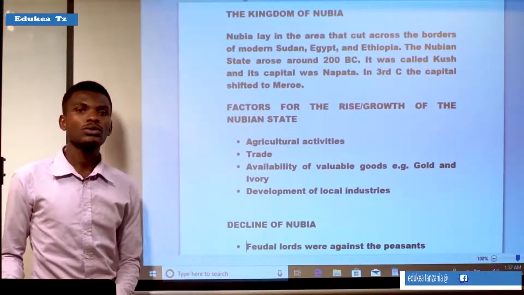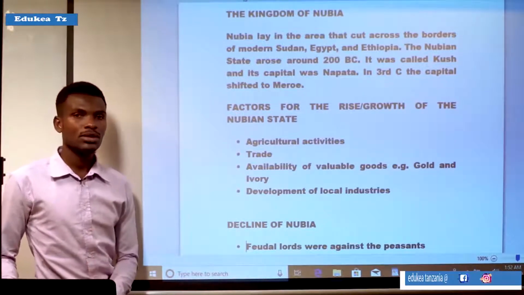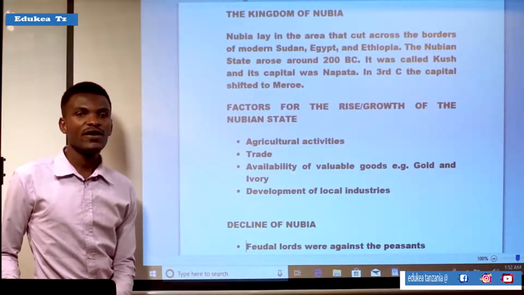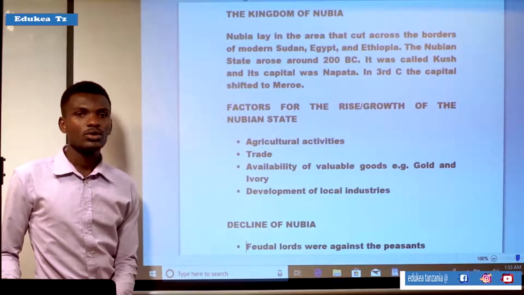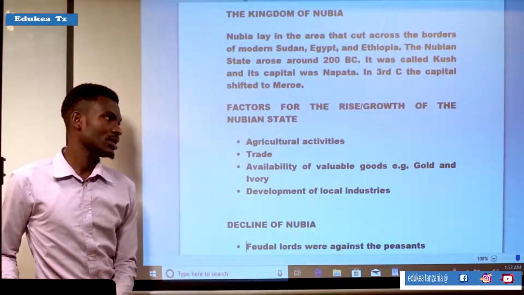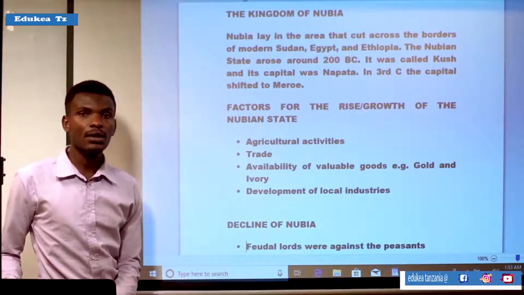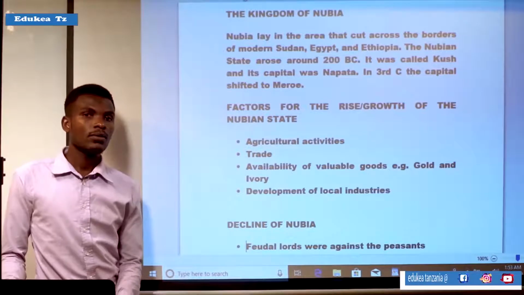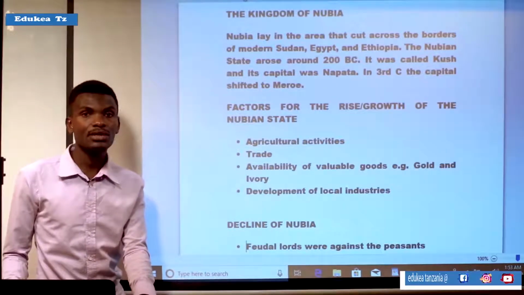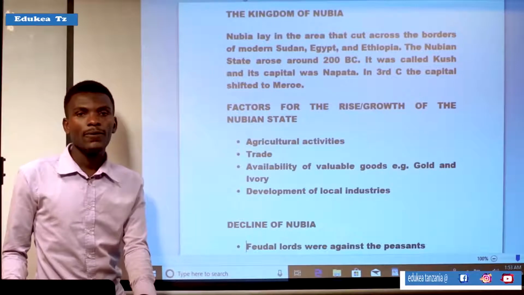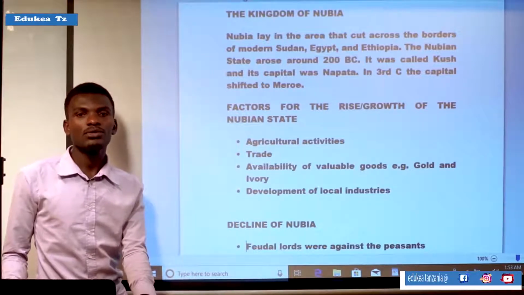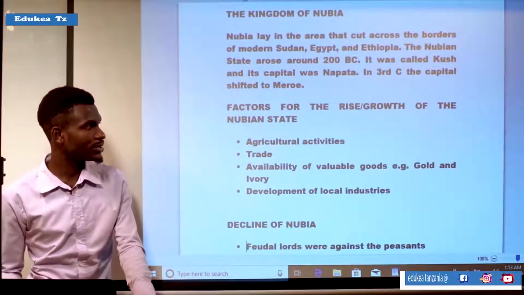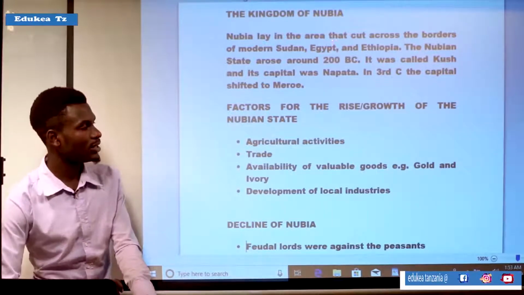It means that there was availability of valuable goods in Nubia like gold and ivory that were used in trading activities, and after the coming of the foreigners, they used those valuable goods to exchange for the manufactured goods that were brought from the external world, and that gave rise to the Nubian state.